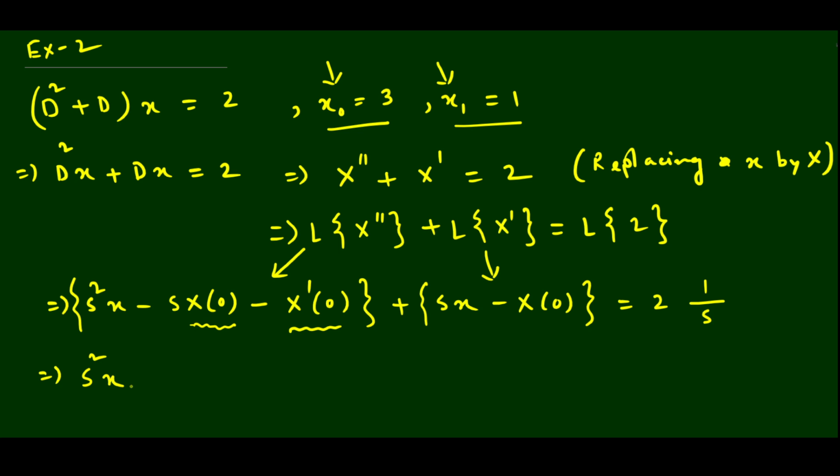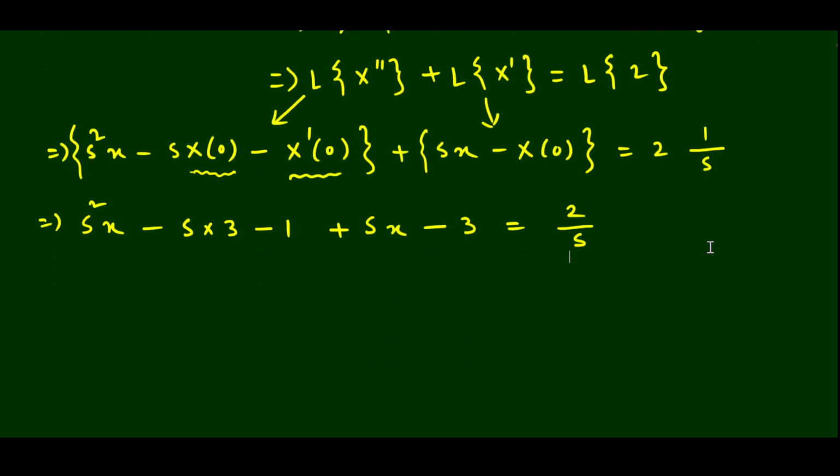So s square X minus s into x of 0, which is 3, minus 1, plus s X minus again x of 0, so 3. Right side is how much? 2 by s. Okay, it is 2 by s. So now how many X are there?